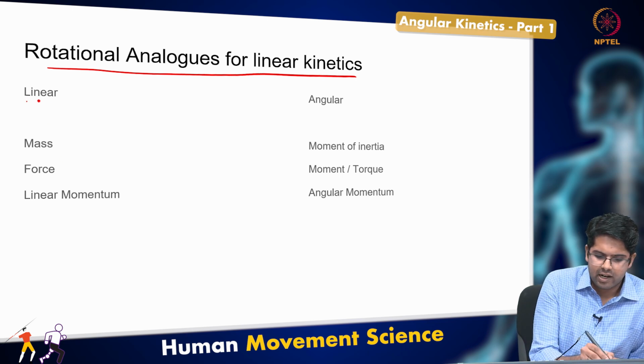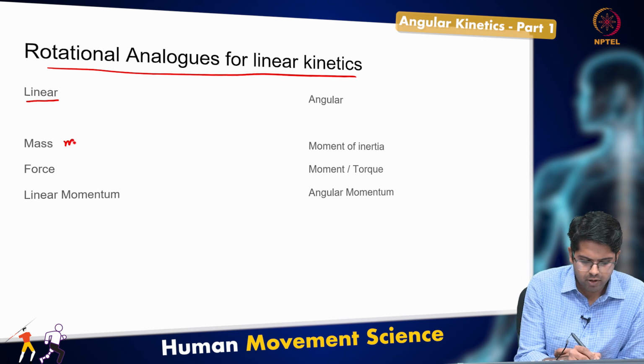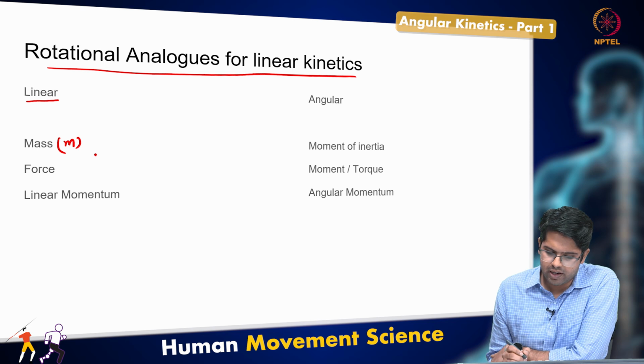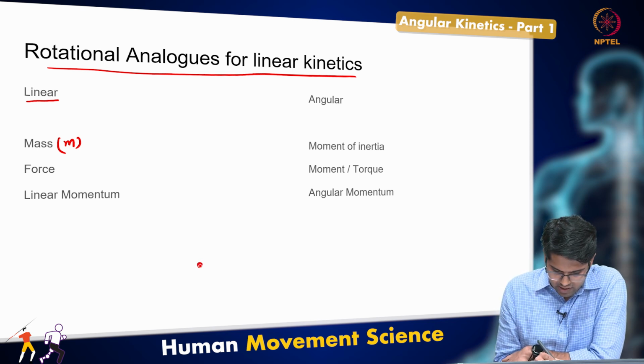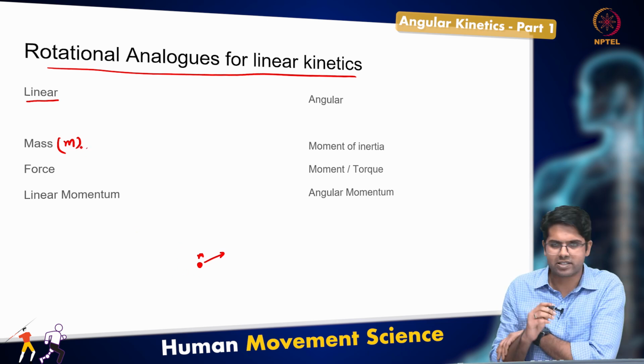So in the linear system, we had the mass of a body as m. Now if this same mass m was moving in a straight line, it's a linear system.